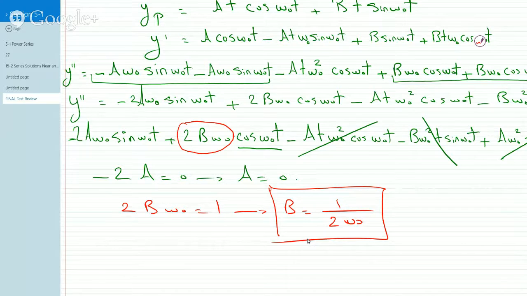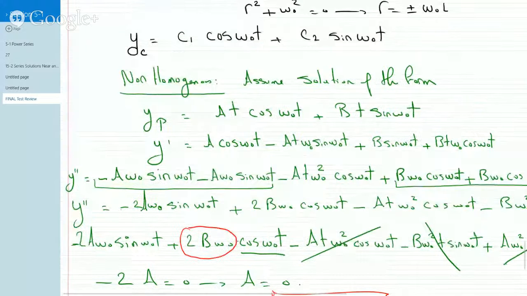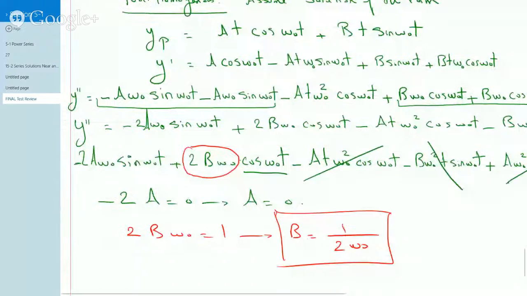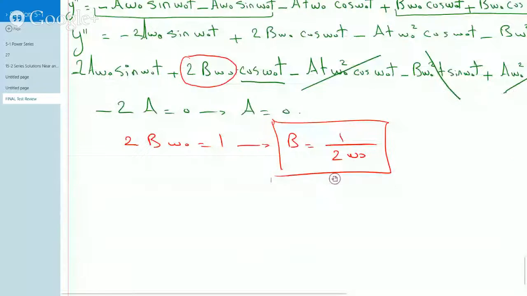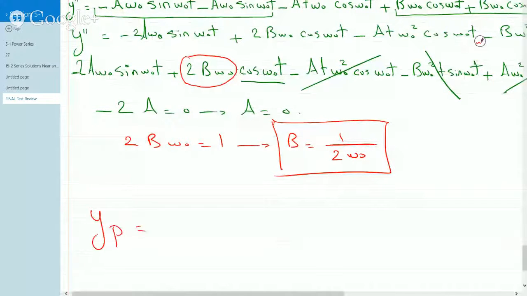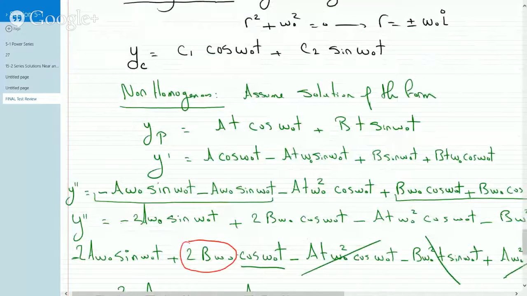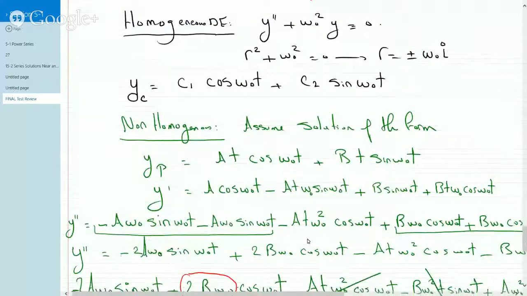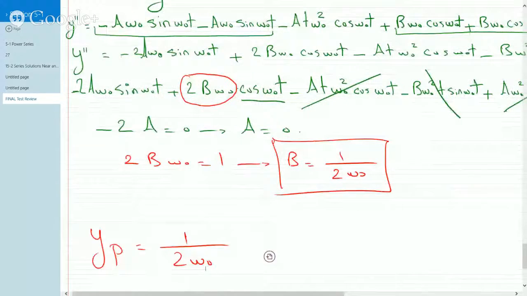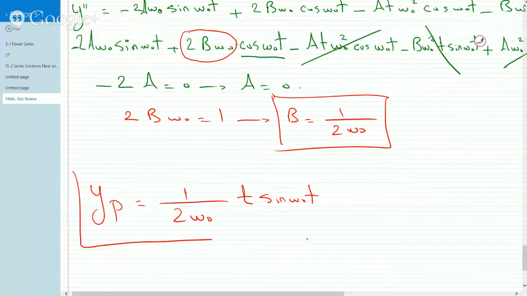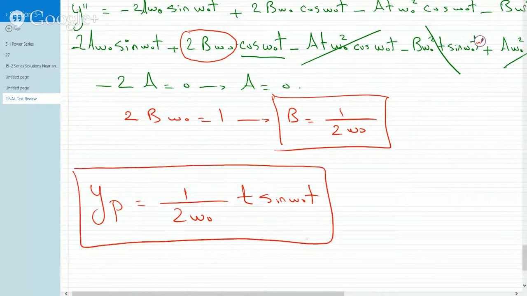So our assumed solution was a t cosine omega 0 t, which goes away because a is 0, so we have b t sine omega 0 t. b is 1 over 2 omega 0, and then t sine omega 0 t. That's the particular solution of the non-homogeneous differential equation.